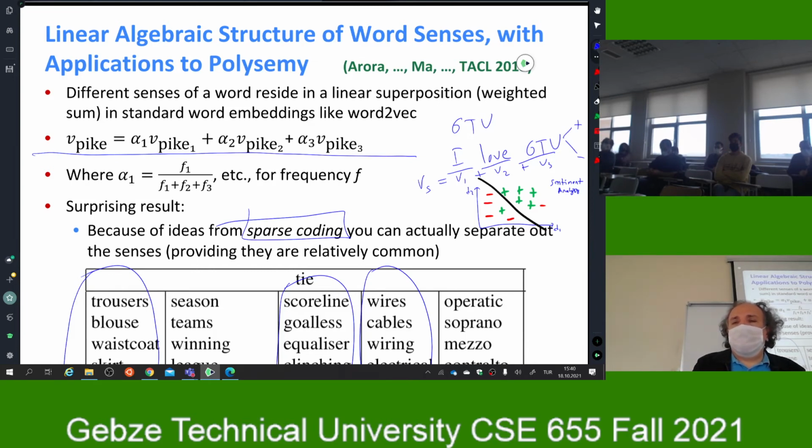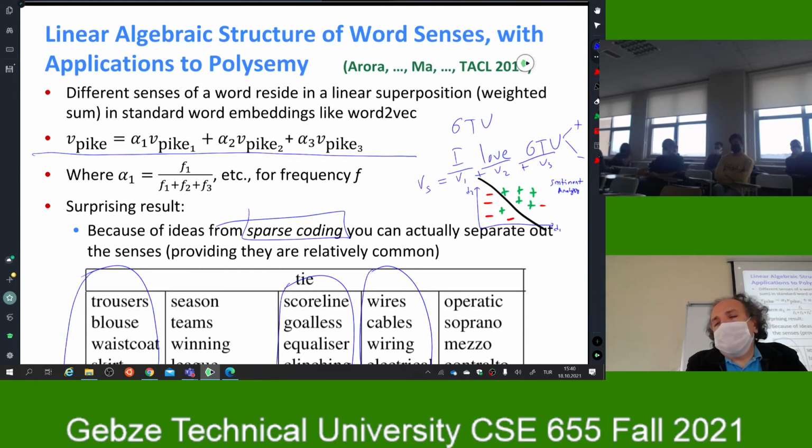I do not love GTU and I do love GTU not have exactly the same sentence vector, right? Because order is not important for the addition. So how is it possible that I can differentiate between these two?